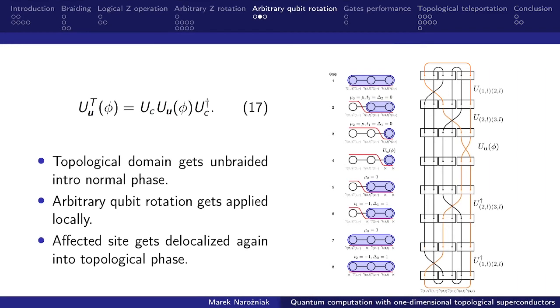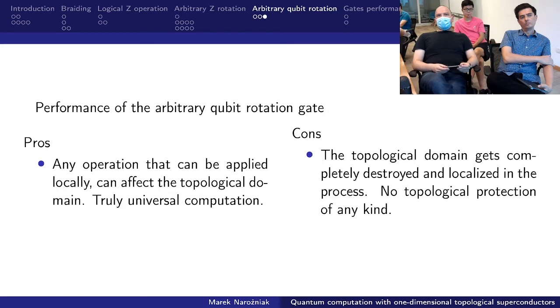And the adiabatic protocol follows from that, only the domain does not move. It shrinks to a single site, so it becomes just a regular domain. Then the gate gets applied, and we extend it again. The advantage of that is that any operation that you can apply locally, suddenly you can apply to your topological regime.